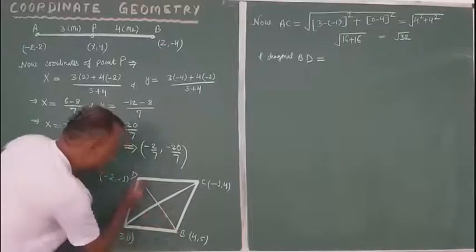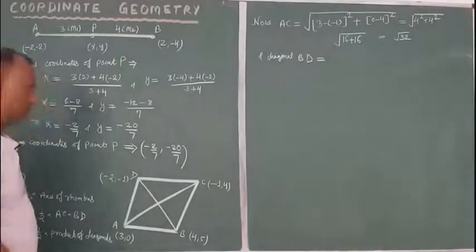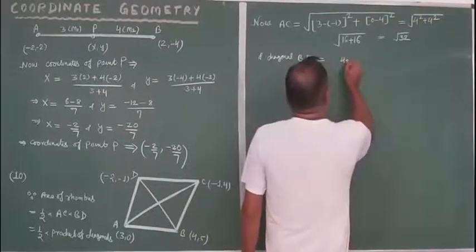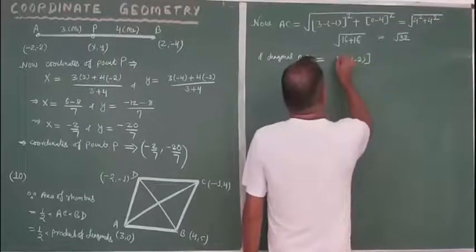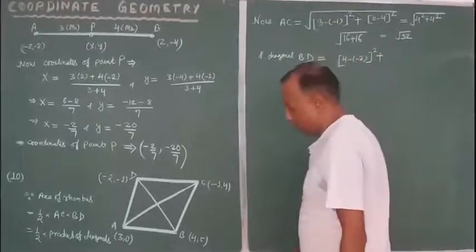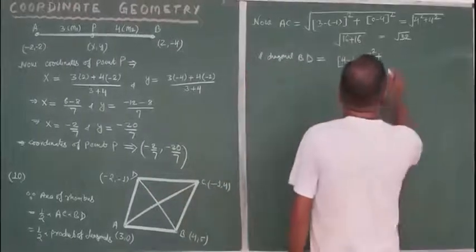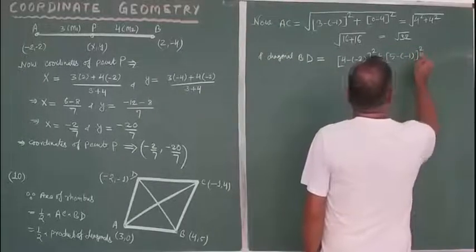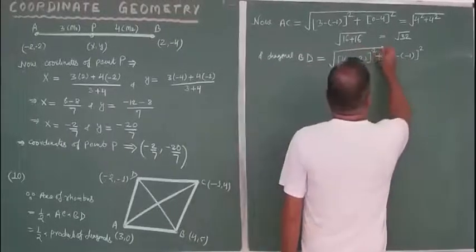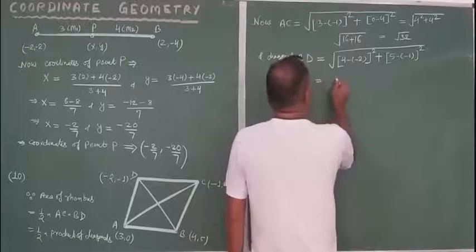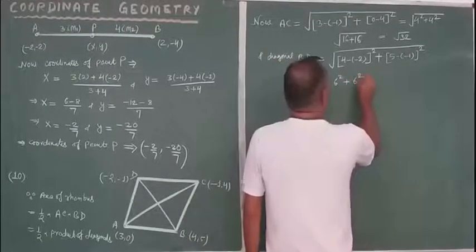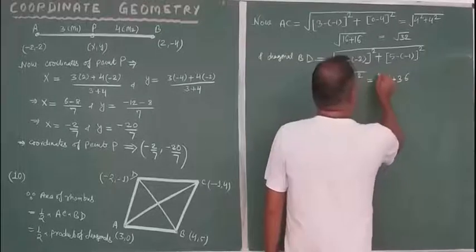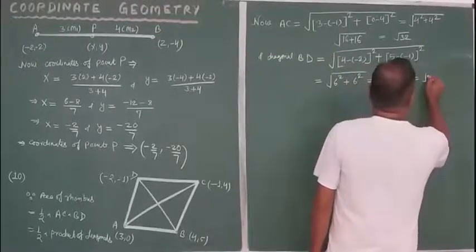This is the diagonal BD. x1 minus x2, 4 minus (minus 2) whole square plus y1 minus y2, 5 minus (minus 1) whole square, and square root of this. 4 minus minus 2 is 6 square, and 5 minus minus 1 is also 6 square. 6 square is 36 plus 36, square root of 72.